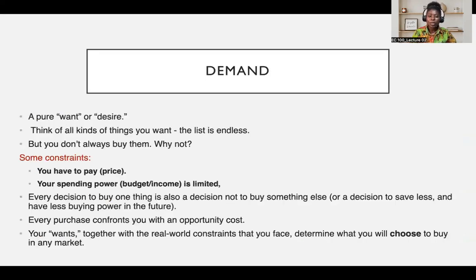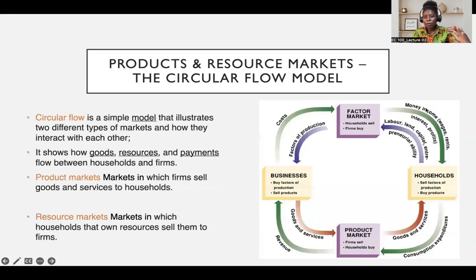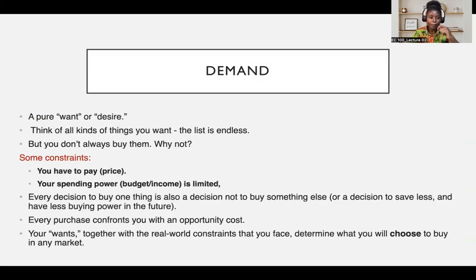Okay. So now coming back to demand. This concept is very important because in the market, there are participants who are buyers and sellers, right? So what is a demand?